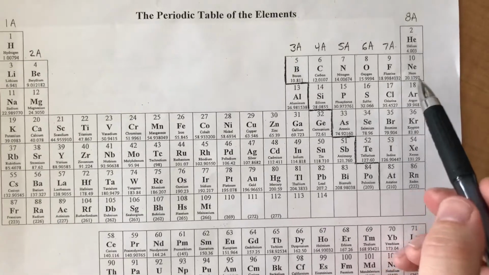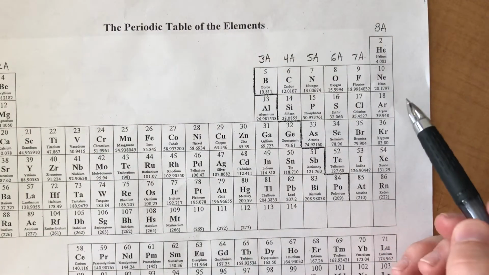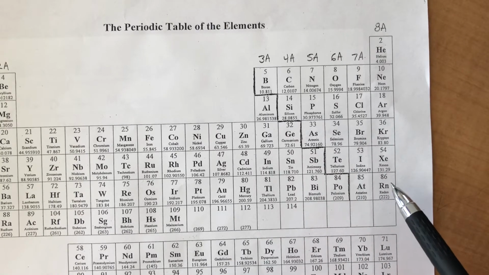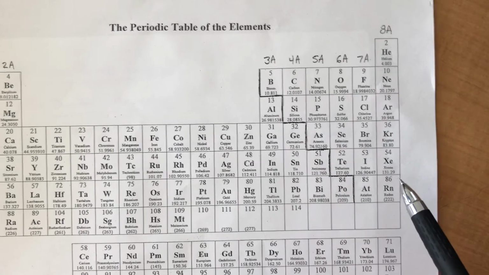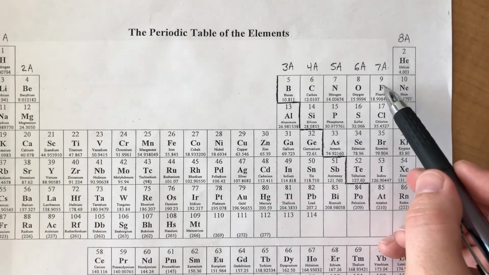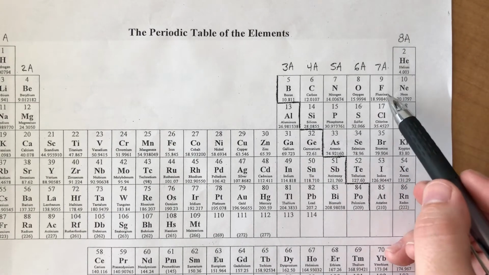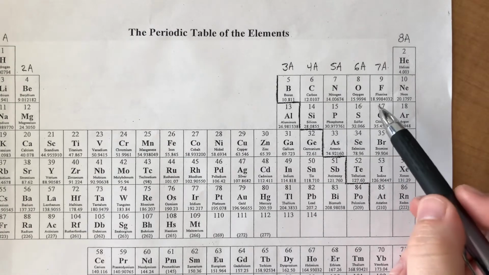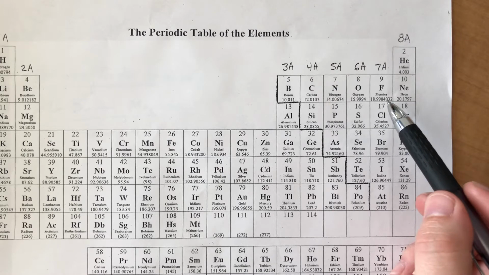Things like helium, neon, argon, krypton, xenon, radon. These are the noble gases. They don't form compounds. They don't form charges. They're just super neutral. They just sit there doing nothing. These are the halogens: fluorine, chlorine, bromine, iodine. They're all super toxic. They all form diatomics.